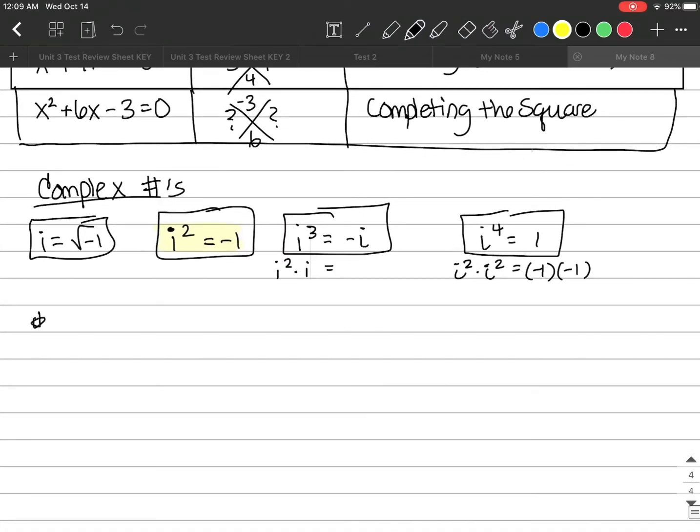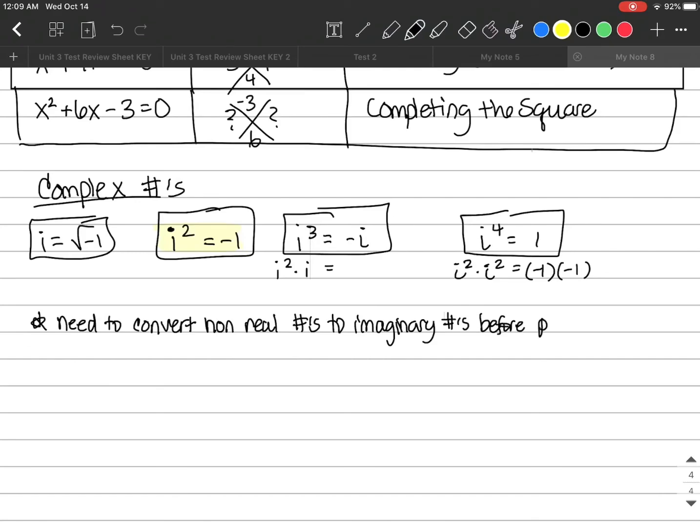All right. The other things that you need to know: you need to convert non-real numbers to imaginary numbers before performing operations.